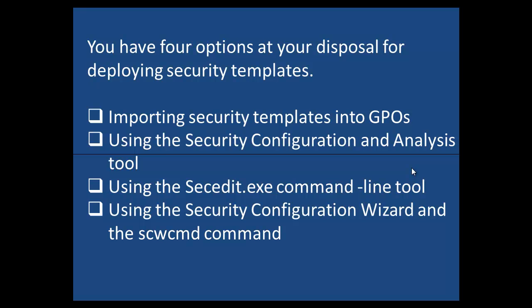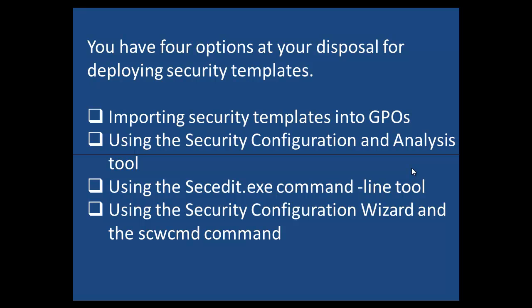You can also use the security configuration wizard, which you can access by clicking on Tools and clicking on Security Configuration Wizard. This wizard within the MMC allows you to configure one computer or a number of computers.